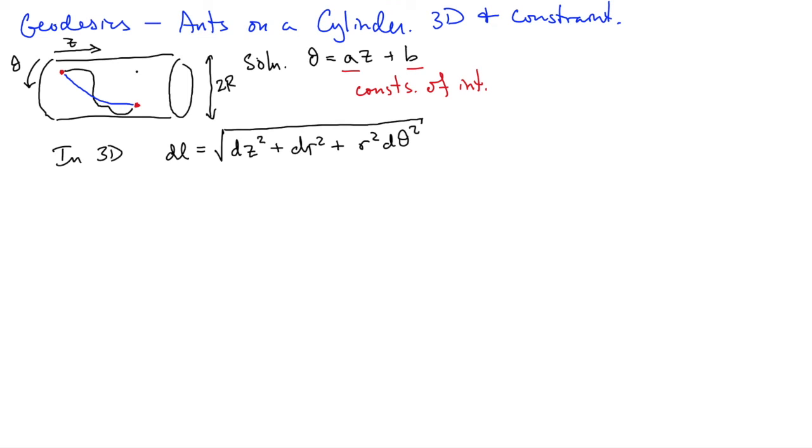That's capital R. But we're going to add to our theta and our z a coordinate r, which is the cylindrical radius coordinate. Okay, so we're not always imagining that our line has to be on the surface. It could, in fact, go through the center in principle, but we're going to force it via a constraint equation to live on the surface. And this is dz square root of 1 plus r prime squared plus r squared theta prime squared, where r prime is dr dz and theta prime is d theta dz.